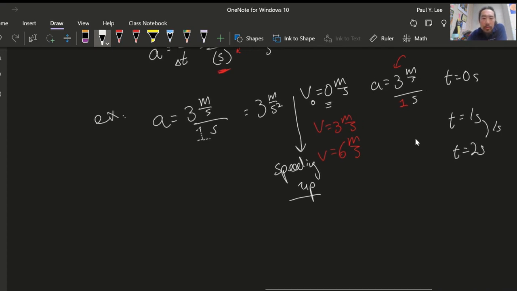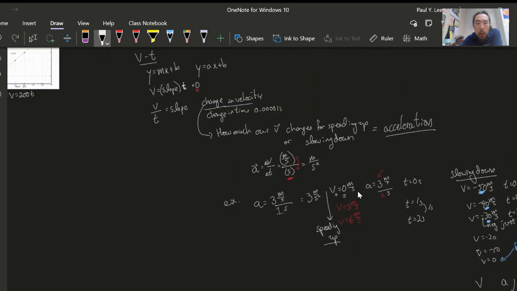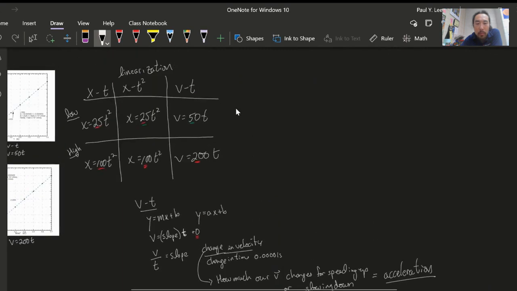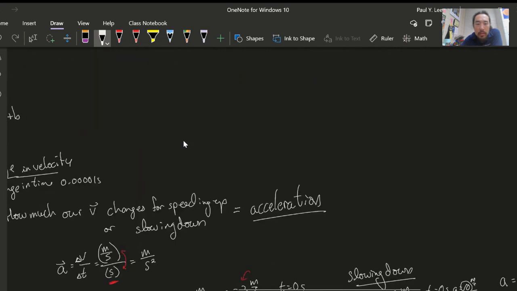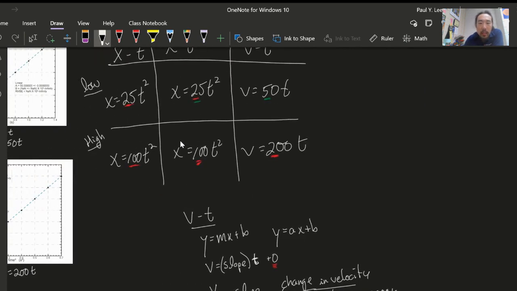Now, that helps us go over the definition of what this slope represents. So if we go back to our table here, we can see that the low incline had a slope of 50, and the high incline had a slope of 200.